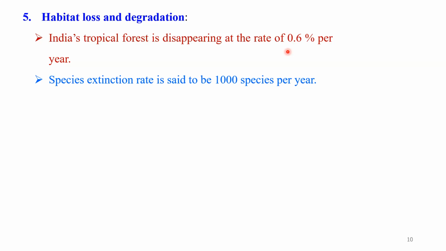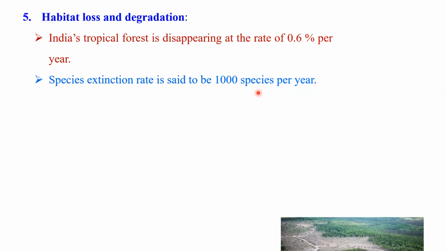When habitat is lost, it directly has a negative effect on biodiversity. The species extinction rate is said to be 1000 species per year. This is also a very important statement about the loss of biodiversity in India.